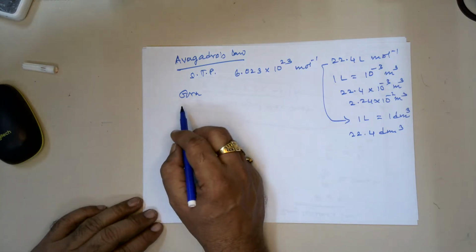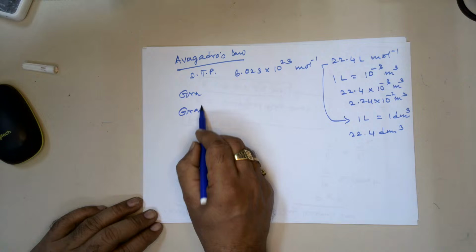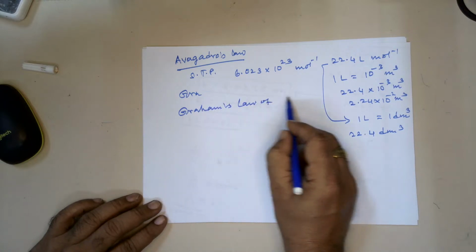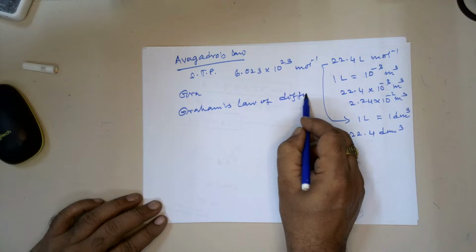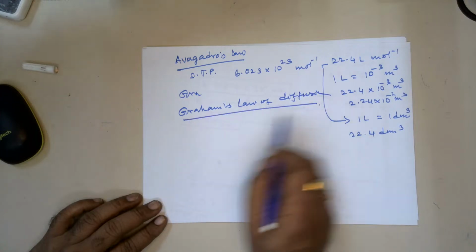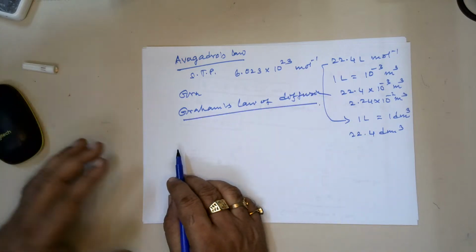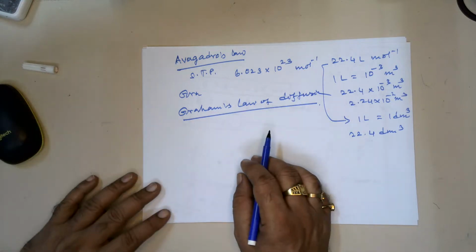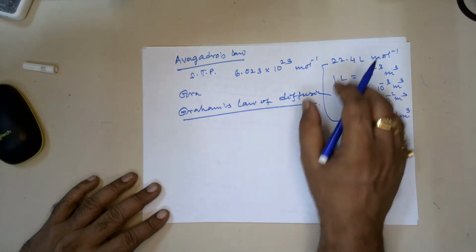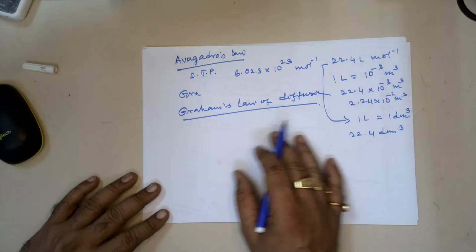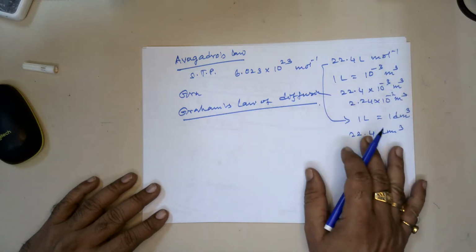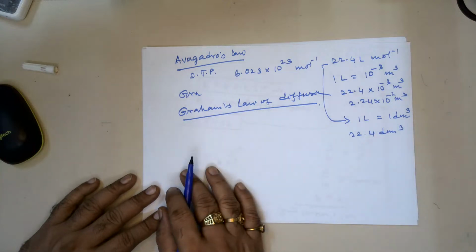Graham's law of diffusion. It states that the rate of diffusion, what do you mean by diffusion? The spreading tendency. If it is a solid, it won't spread here and there. If it is a liquid, it will be moving. If it is a gas, it will be moving much faster because the rate of diffusion is more.